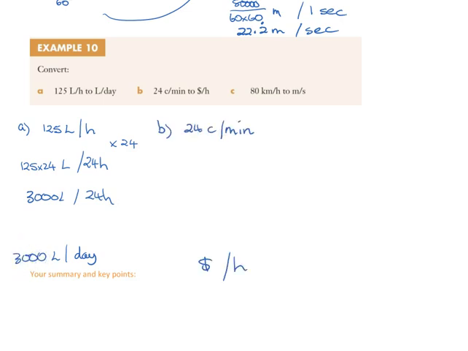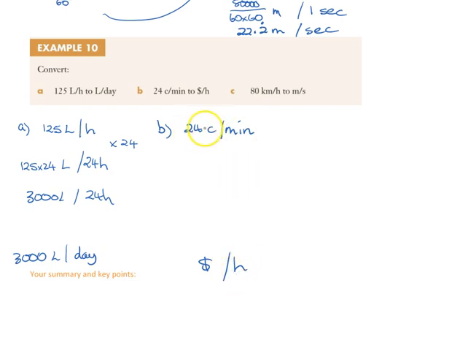In the second example, we're converting 24 cents per minute to dollars per hour. I have left a considerable amount of space again because this time you do need to convert both units. We're converting from cents to dollars, and we're converting the minutes to hours.